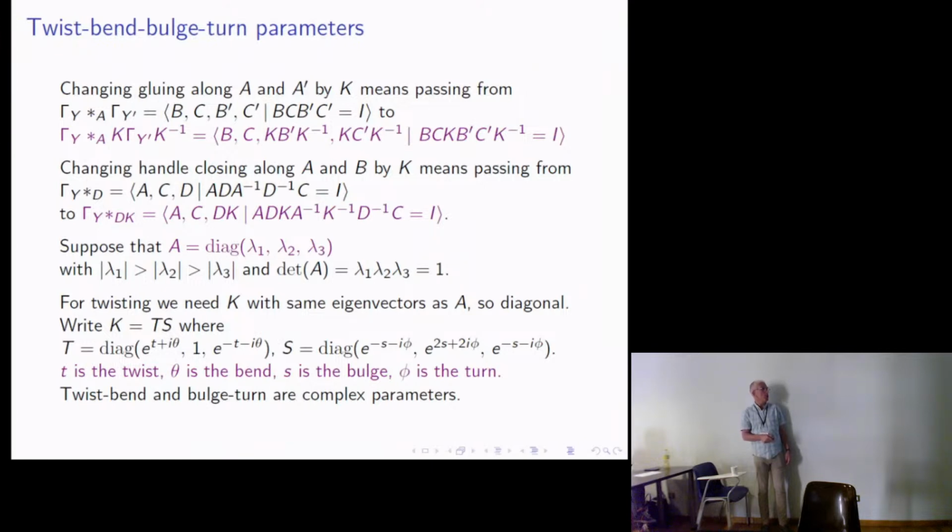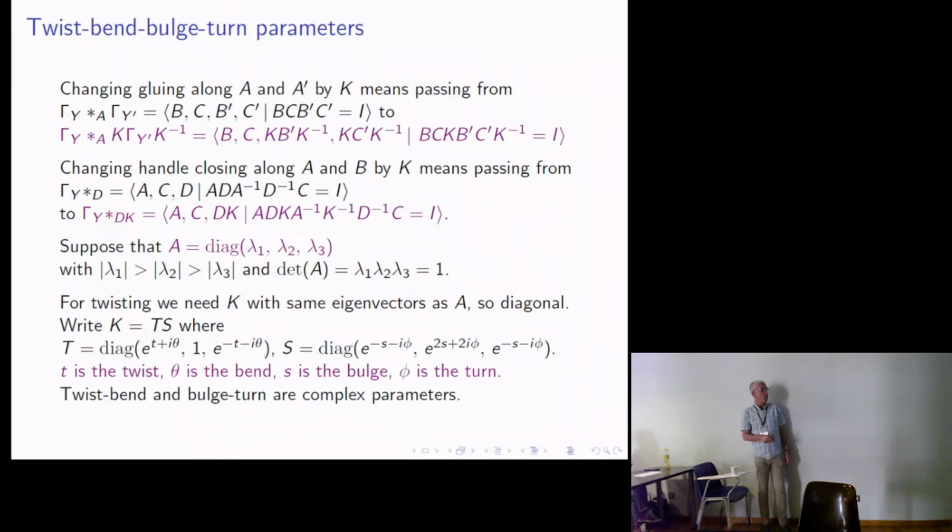And so what I'm going to do is write this K as T times S, where these are diagonal matrices, so canonical diagonal matrices. The first one has a 1 in the middle, and then the inverse elements first and last. And the second one has the same first and last, and the middle one is the reciprocal of their product.